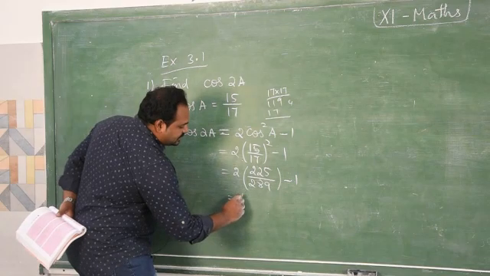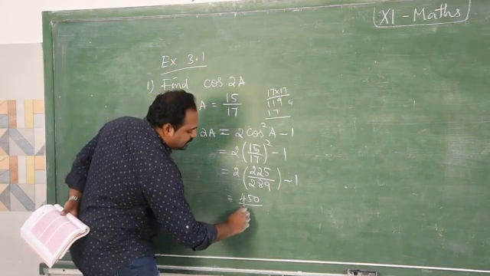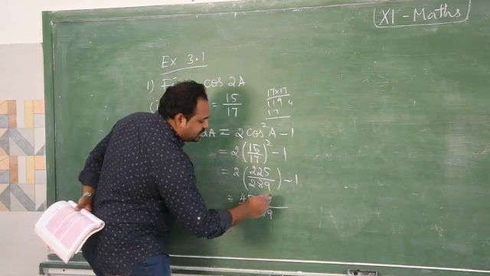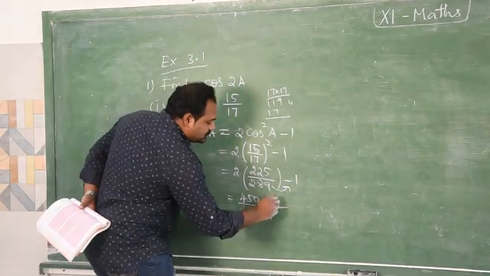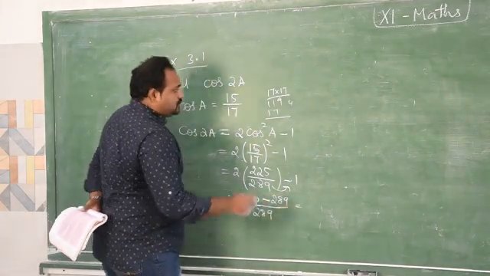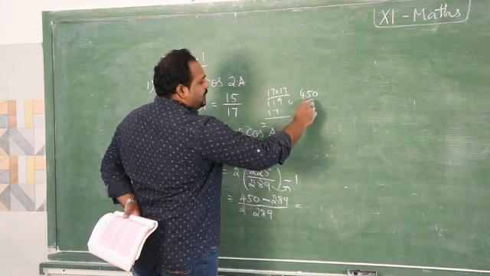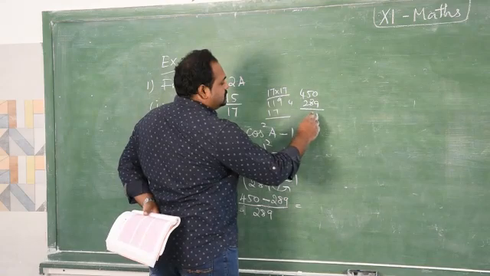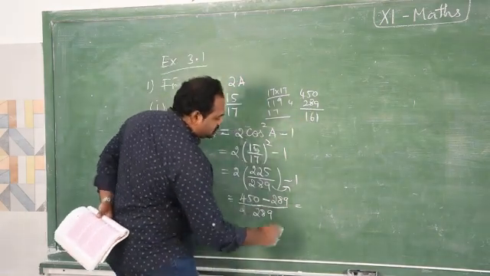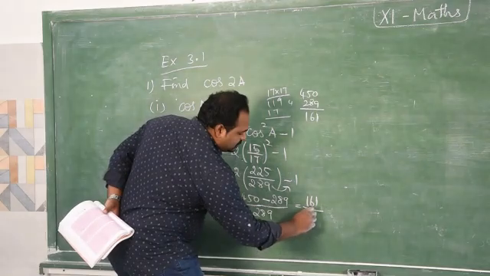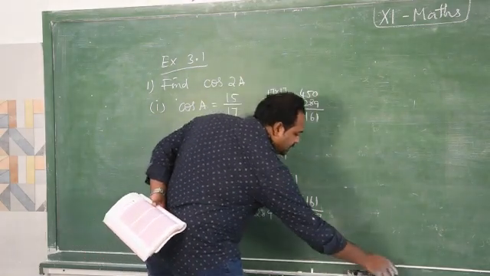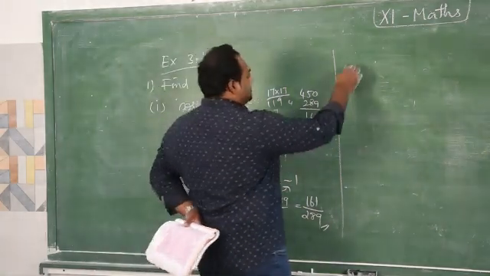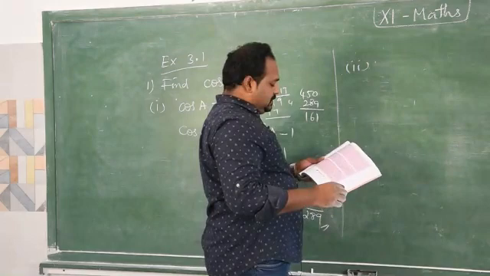Multiply the 2 inside the bracket, it is 450 by the whole denominator 289, minus 1. Cross multiply for LCM: 450 minus 289 equal to 161. So 161 by 289 is the answer for the first subdivision.